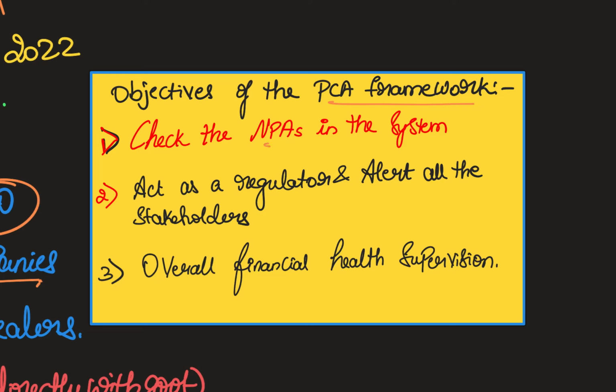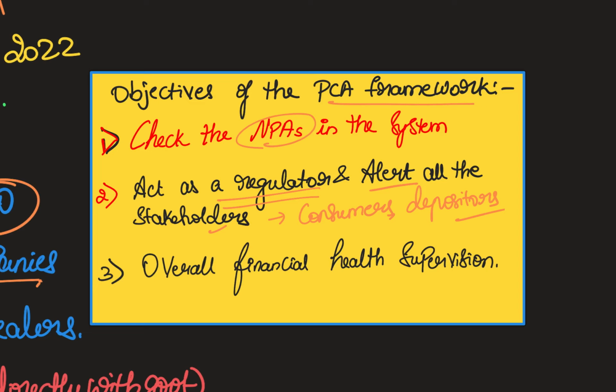Now, what is the objective of this PCA framework? Firstly, obviously, it will help us in understanding that there are non-performing assets in the system and it can impact the financial health of our economy. Secondly, RBI is a regulator, and as a regulator, its job is to alert all the stakeholders. That is, it can alert the investors in a company, it can alert those who are taking loans from that company, or it can even alert the depositors that something is wrong with this company's functioning.